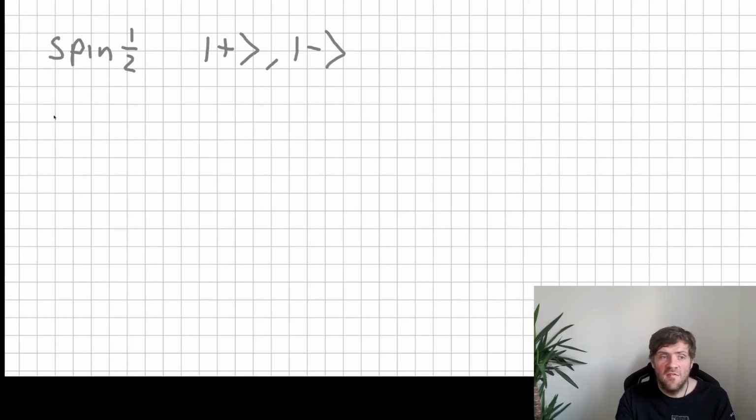We also have photons, another important particle. They are described in terms of their position by a continuous quantum variable, but they also have their polarization, which is described by a discrete quantum variable.